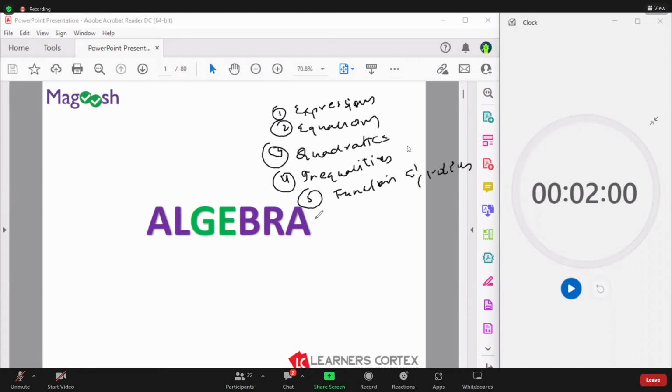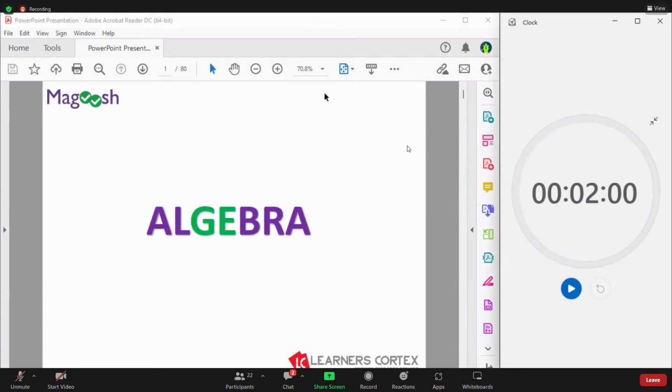And at the last, you would have word problems. These are the 6 topics that we'll cover altogether. Okay. So we'll start with expressions today and also try to complete all the questions itself.